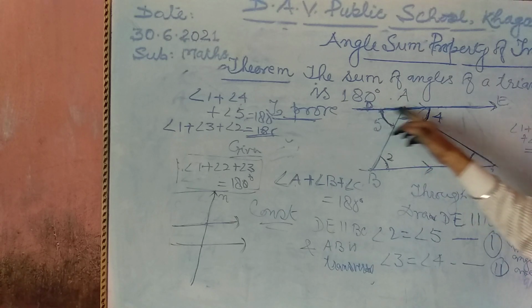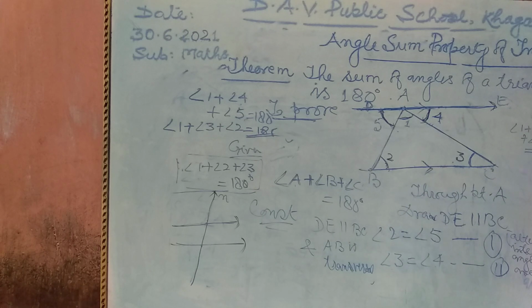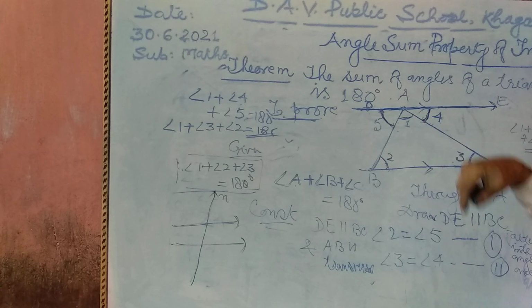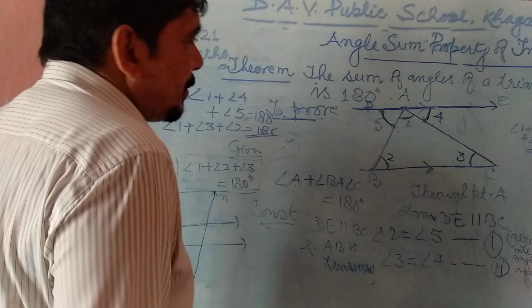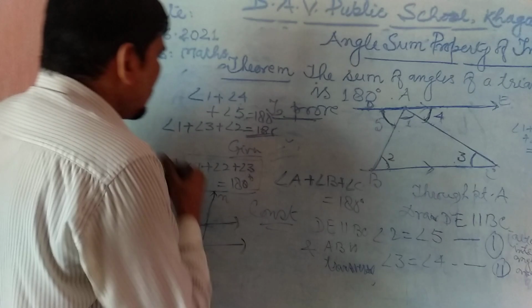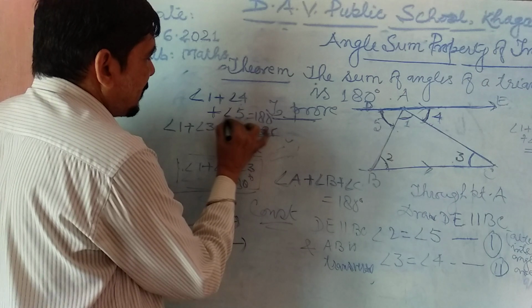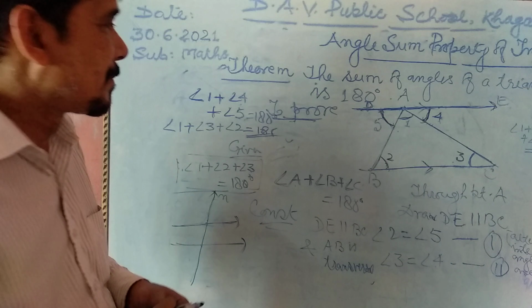Now at point A, angle DAE is a straight angle. Therefore, the sum of all the angles made at point A on either side will be 180 degrees. So angle 1 plus angle 4 plus angle 5 is equal to 180 degrees. It is a straight angle.